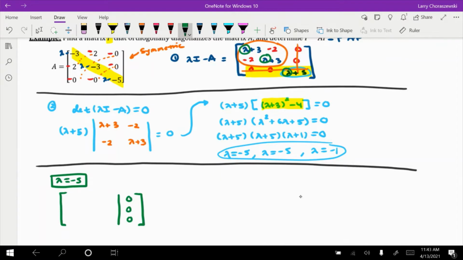And in the first row, that would give us -2, -2, 0, then -2, -2, 0 again. And then the bottom row will be nothing but zeros.